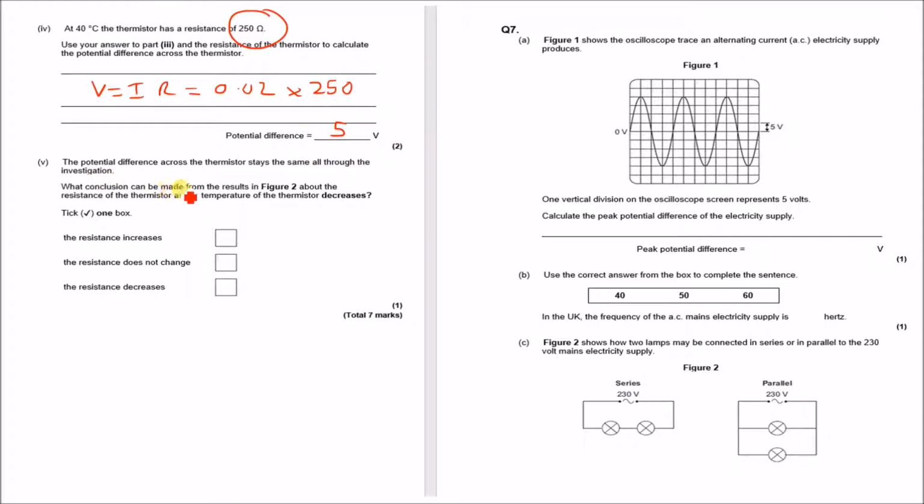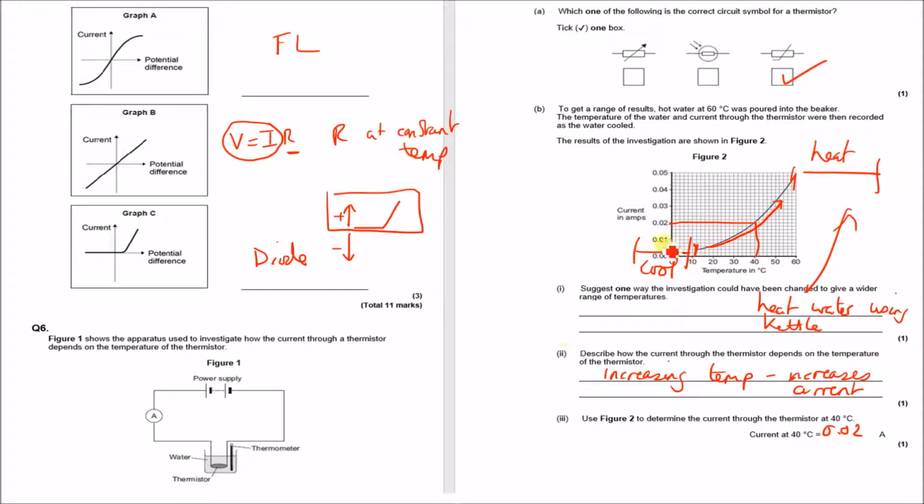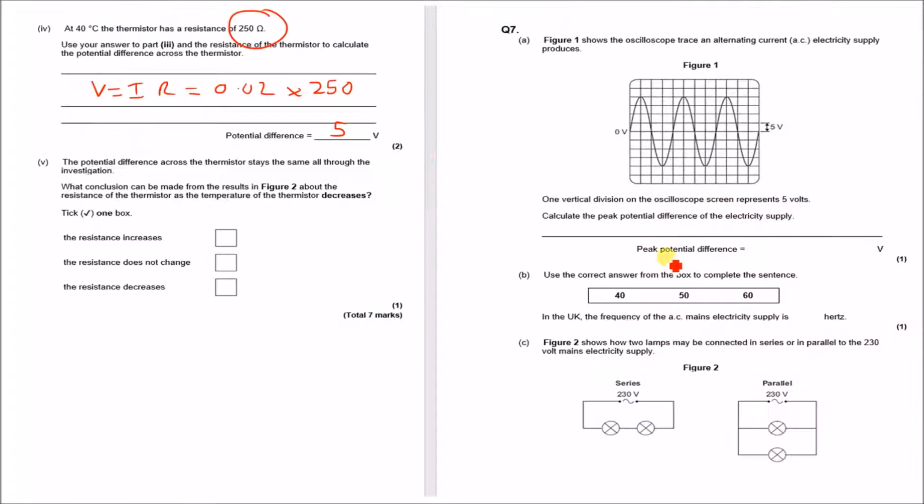Right, what conclusion can be made from the results in figure 2 about the resistance of the thermistor as the temperature of the thermistor decreases? Right, so let's just quickly go back to this. So as the temperature goes down, you can see the current is going down. So temp decreases, current decreases.